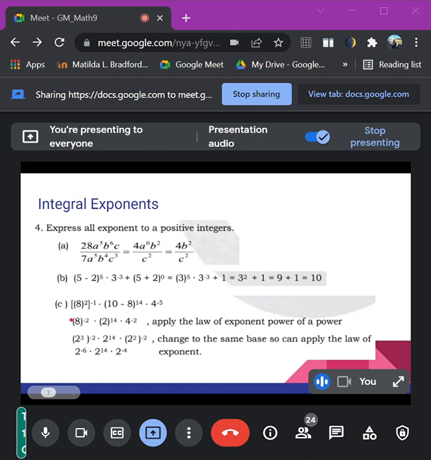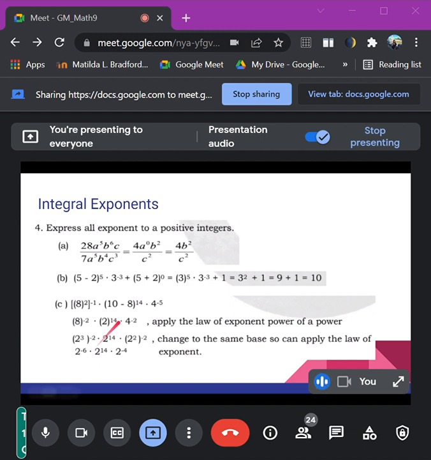If you want it easier, class, this 8, you can break it down. If you break down 8, that is 2 raised to 3, because you have 2 times 2 times 2, that is equivalent to 8. Okay?